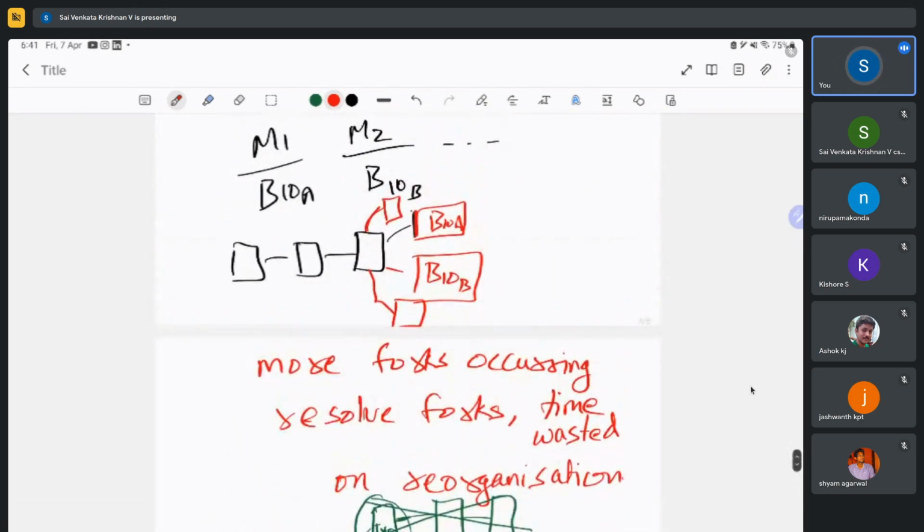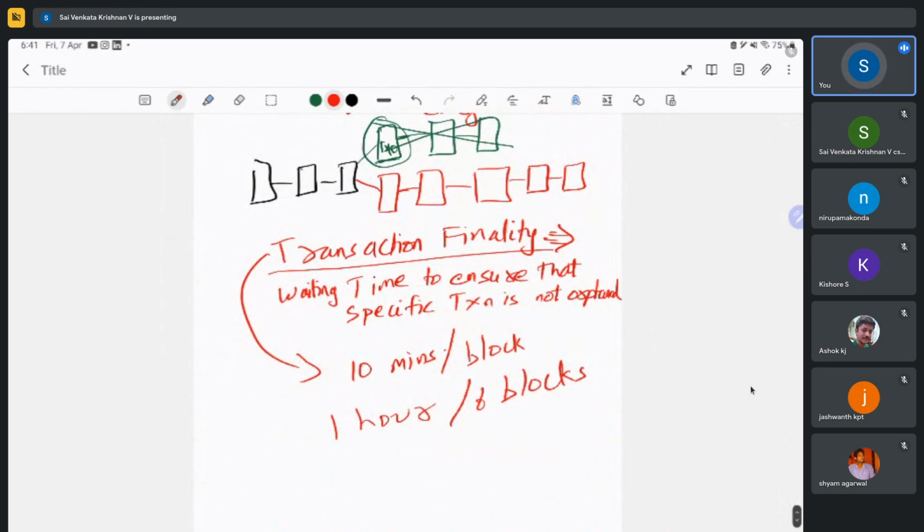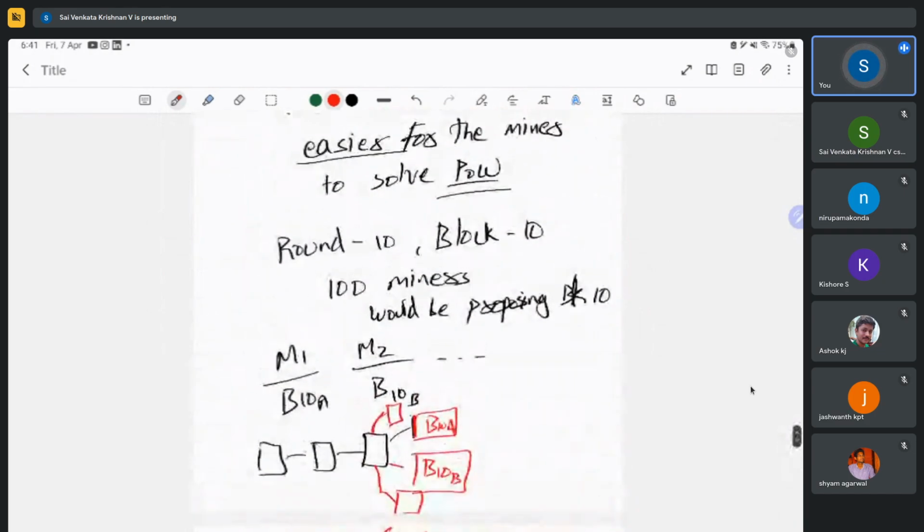From the transaction finality perspective, it is a drawback, because now it will take more time for you to ensure that your transaction is not orphaned out, because every node can easily add a new block, or fork the chain and keep on adding new blocks. So that is a drawback when you reduce the difficulty level.